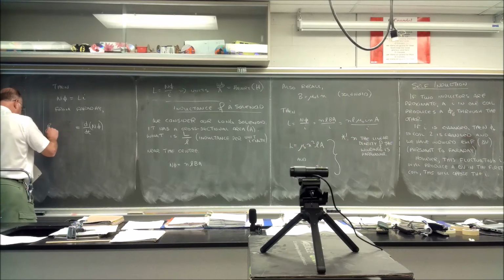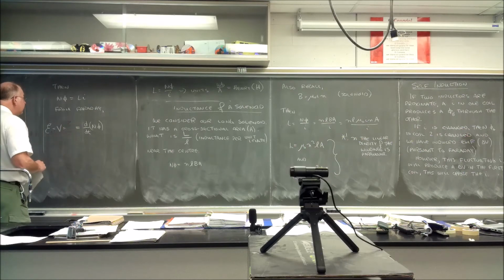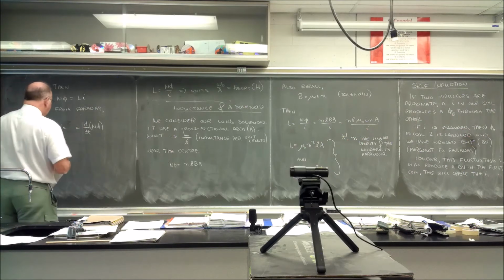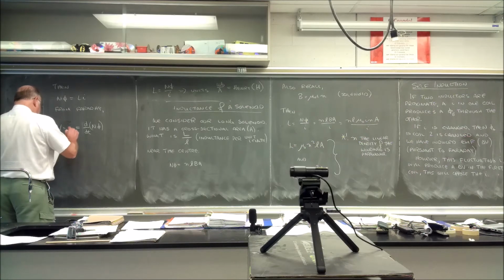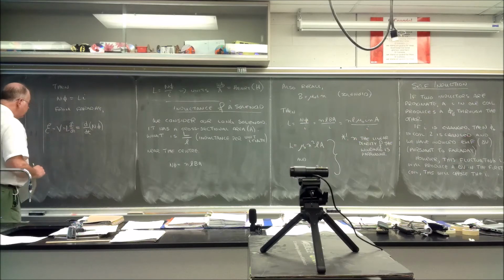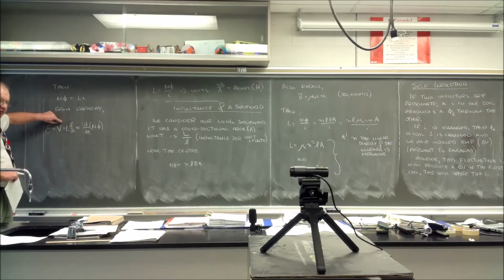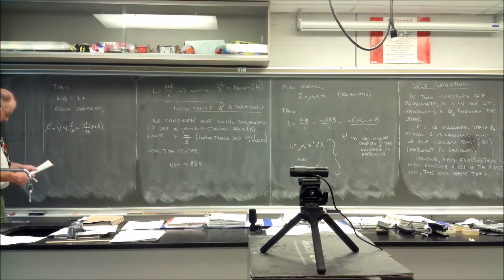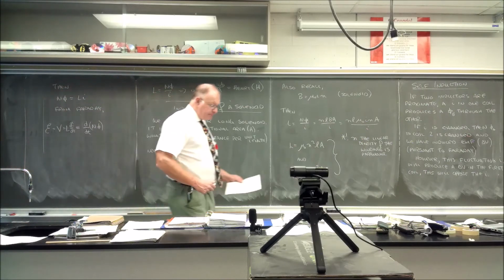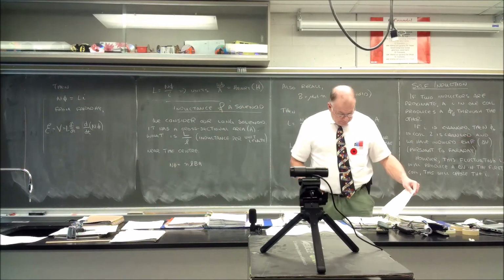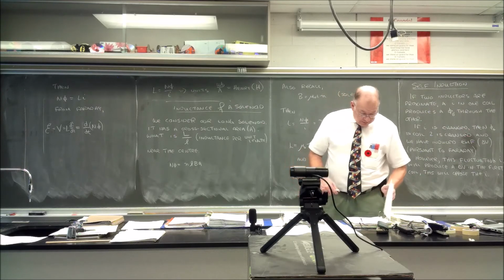So we can say electromotive force, and that's equal to V, which is also equal to L di/dt. So once again, the potential doesn't show up if you don't have a changing current. This expression will matter later on when we do inductive circuits. Actually, it's going to matter right now, because we'll do RL circuits.